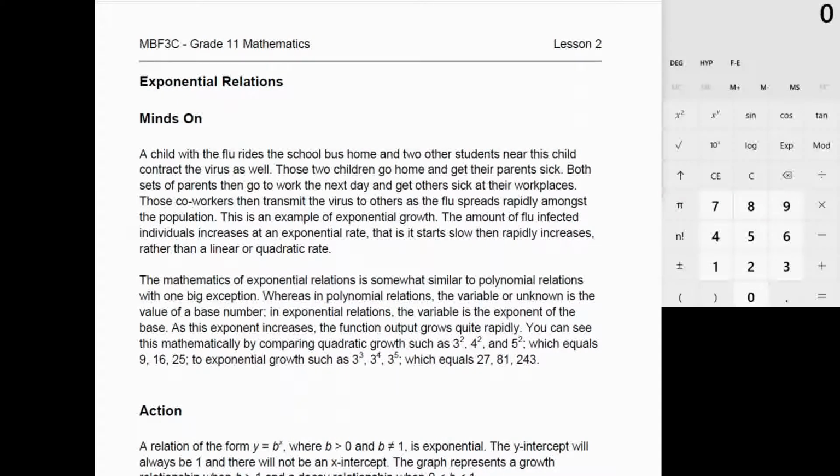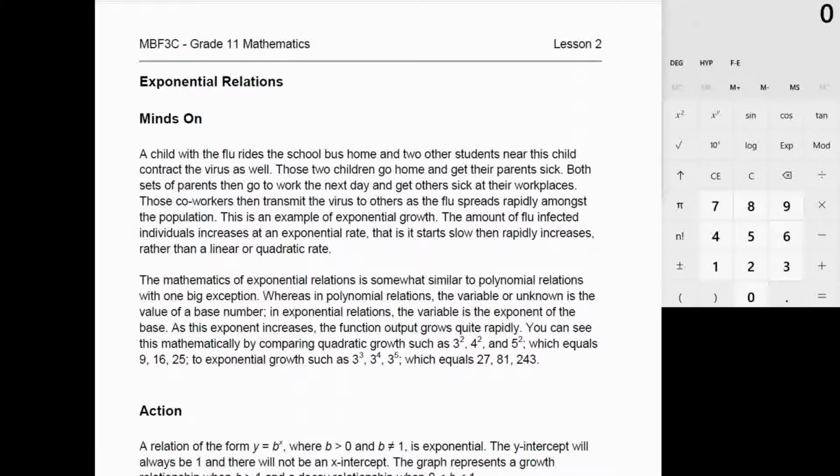So this lesson is on exponential relations, and it relates to exponent laws because what we're doing here is basically taking an exponent, or rather a power, and turning that power into a function or a relation.